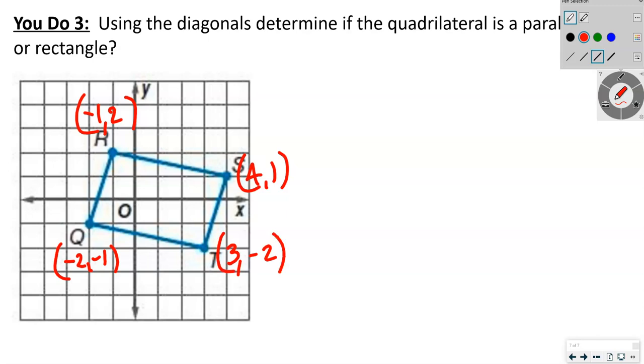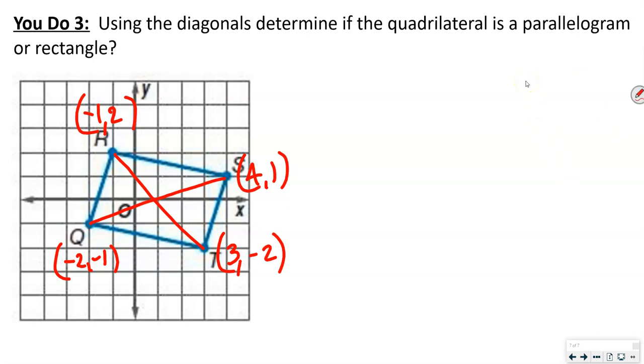Okay, so we're going to talk about our diagonals again. Diagonals bisect each other, and if they do, then what do we know it is? A parallelogram, right? So it's asking us, is this a parallelogram or is this a rectangle? So here we go again. I'm going to find xm and ym.